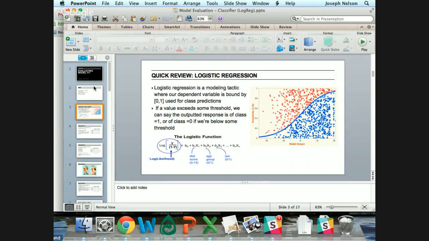And so we can plot our sample space, our outputs from that model, in something called a confusion matrix, which is aptly named. It's really not too bad.